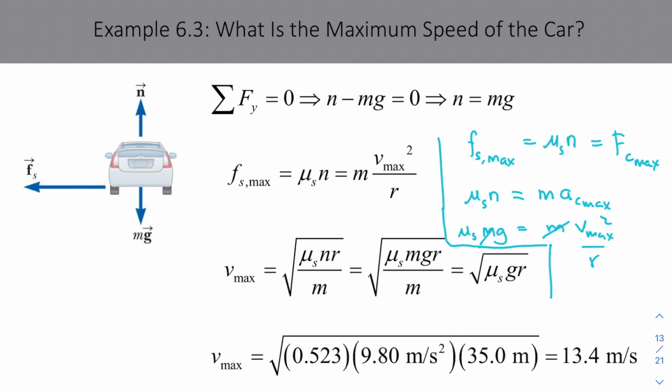Finally we will have V max equal to the square root of mu s g times r. If you substitute all the values, you will get V max equal to 13.4 meters per second.